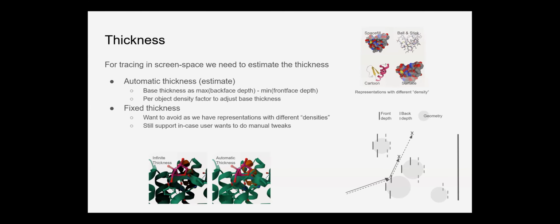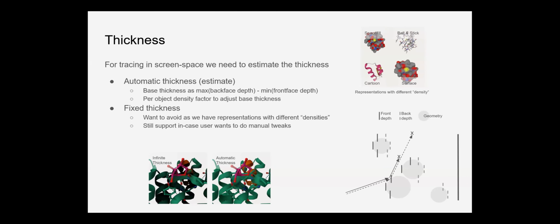The challenge there is that molecules are often represented with vastly different visual densities. If you look in the top right, that's all the same data, but the visual density is vastly different.